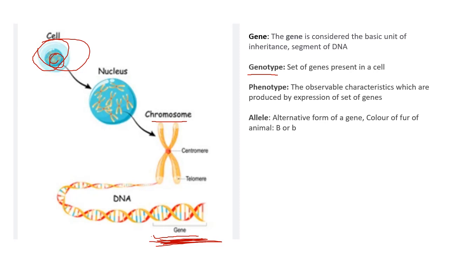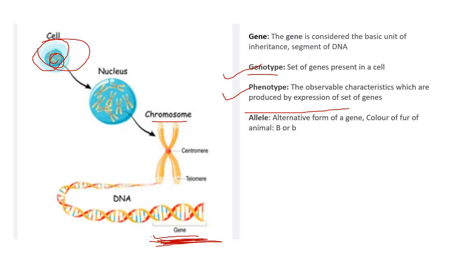And what is phenotype? Phenotype is the product of genotype, meaning the set of genes going to produce different types of characters in your body or in any cell. So the observable characteristics which are produced by the expression of a set of genes are known as phenotype.